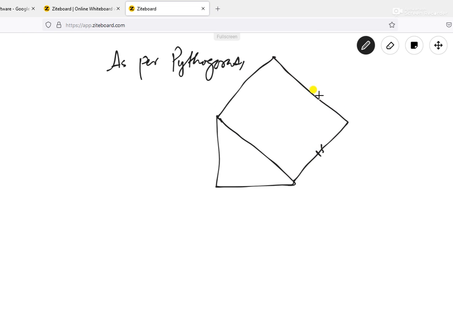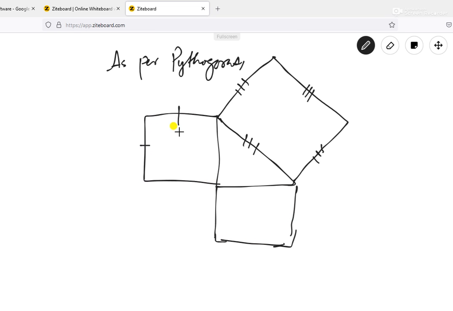This is the pictorial representation of the Pythagoras theorem. If this side is A, this is B and this is C, then this area is B square, this is C square and this is A square. That means as per Pythagoras theorem, A square is equal to B square plus C square.